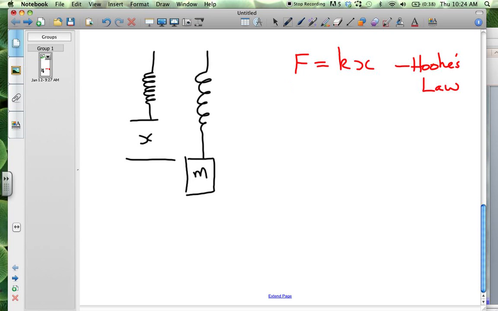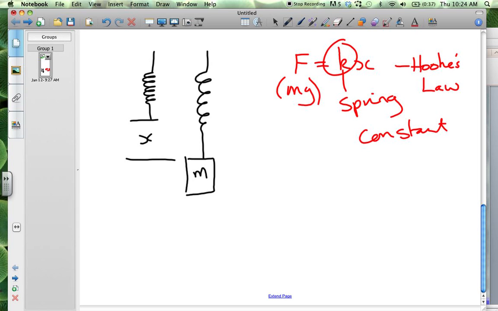Your force is equal to mg. Your k is what we call your spring constant. That's giving an indication of the strength of the spring, how strong the spring is. So if your spring constant is, say, 1 or 2, you would need double the force to get the same extension.